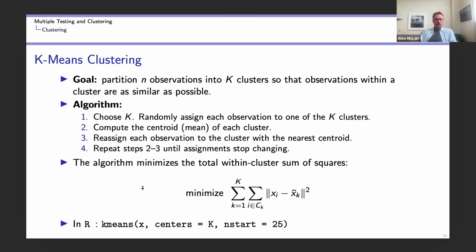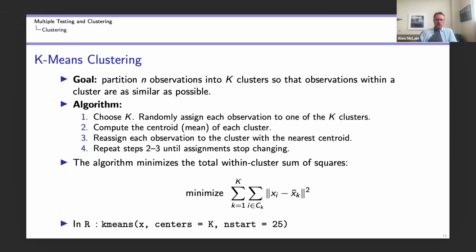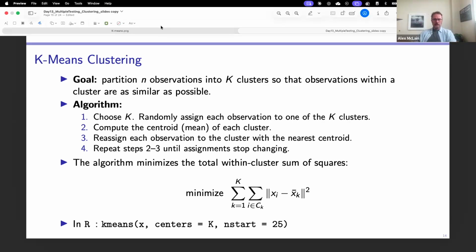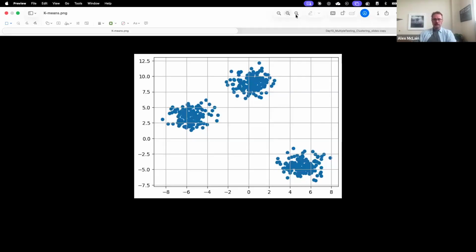The first one we'll talk about is k-means clustering. The goal here is to group all observations into k clusters so that observations within a cluster are as similar as possible. I'm going to show you how this algorithm works for this example data that I have right here.